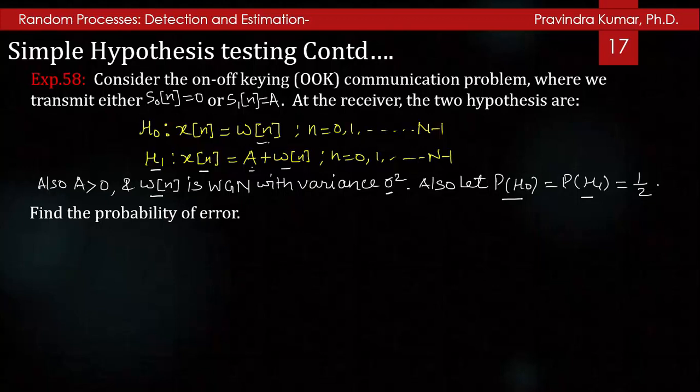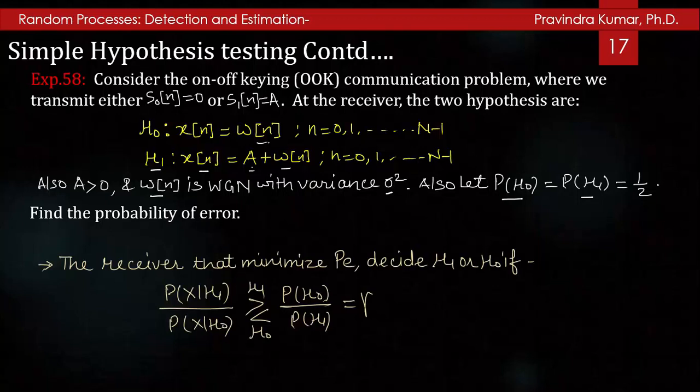To find the probability of error in this case, you know the receiver that minimizes probability of error decides H1 or H0 under the Bayesian test, meaning the conditional likelihood ratio is greater than or less than or equal to the prior probability of H0 divided by the prior probability of hypothesis H1. This is the threshold value which depends on the prior probabilities.